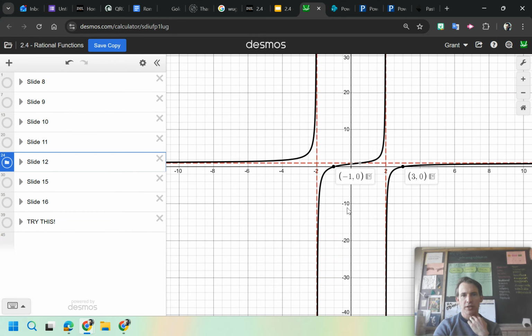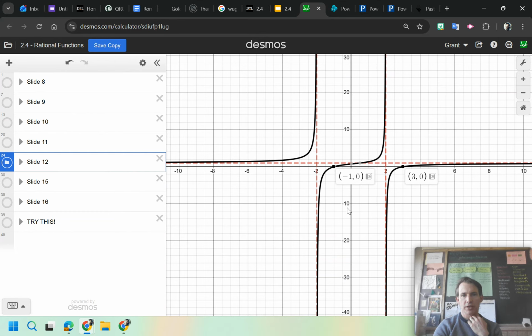The asymptotic behavior is a little different than what we've seen before. I kind of regret that I chose not to look at our asymptotic behavior. Our asymptotes are exactly where we thought they'd be. We have our y-intercept at 3/4. We have our x-intercepts where we thought they'd be, and our vertical asymptotes are at 2 and negative 2.